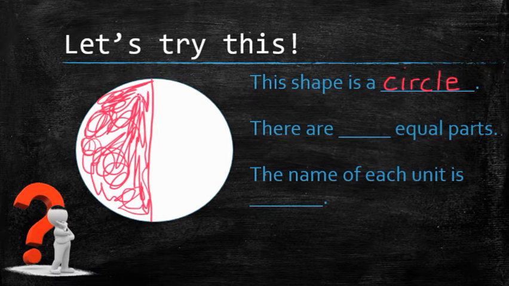Okay, so I've shaded in that part of the circle. So there are here 2 equal parts. The name of each unit is 1/2.